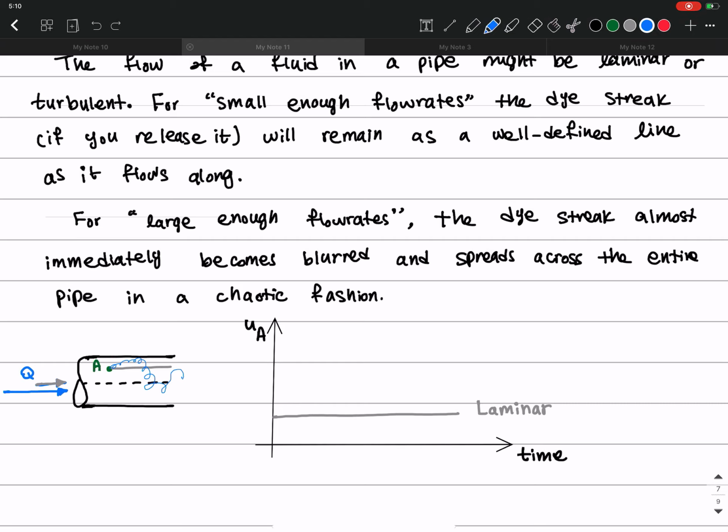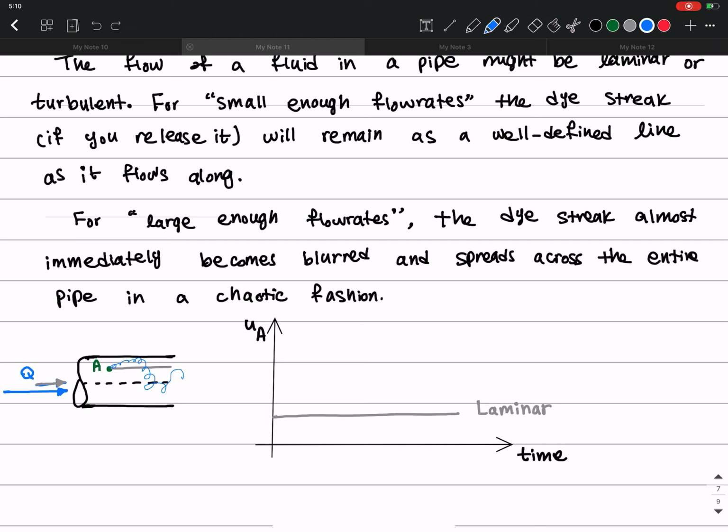So at one time, you see this is how the dye is spreading, and then at another snapshot, if you look at it, you will see that the dye is spreading like this. So the velocity at this point is going to vary a lot if you have a chaotic motion or a turbulent flow, turbulent motion, okay?